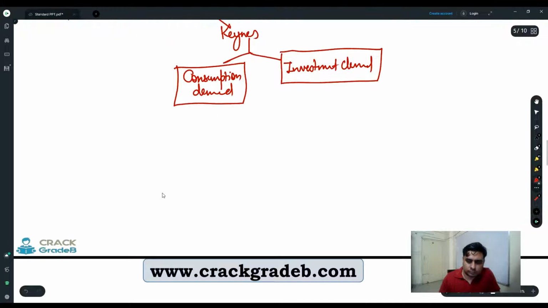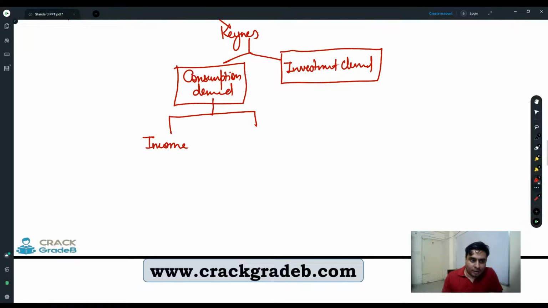Now let's focus on consumption. Our consumption depends upon what? First of all, it depends upon our income. Apart from income, what is the other important factor?